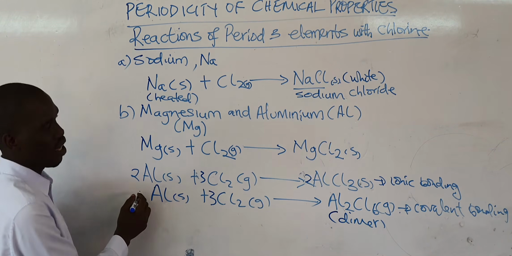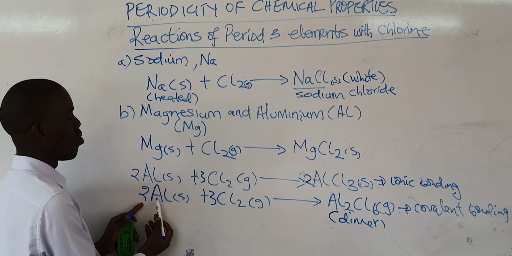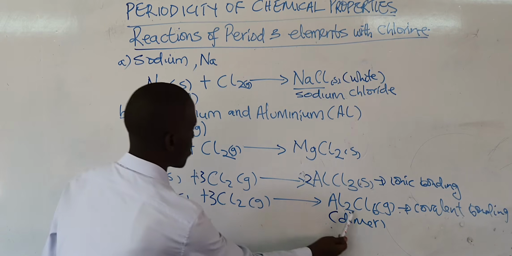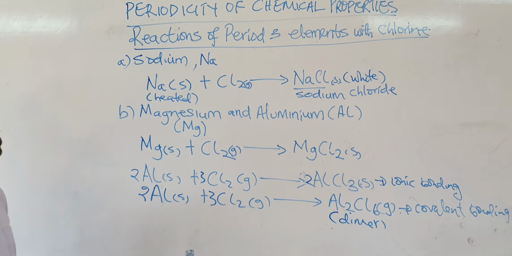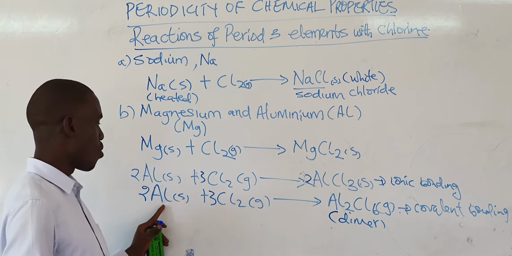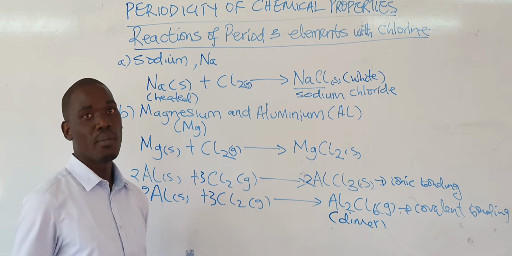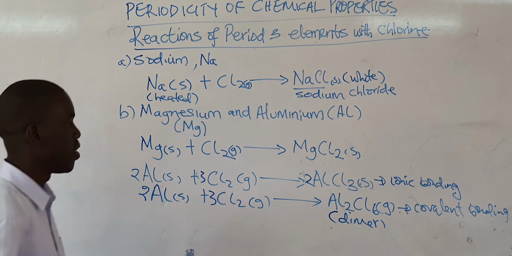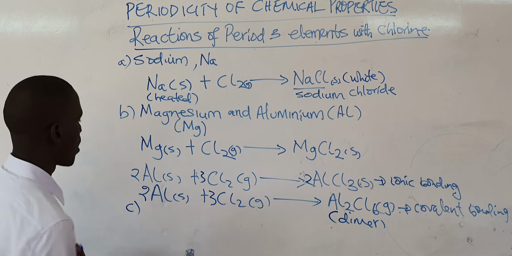Then we multiply aluminium by 2 so that we have aluminium 2 on both sides. So this is our balanced equation for the reaction of heated aluminium with chlorine forming a dimer of aluminium chloride.